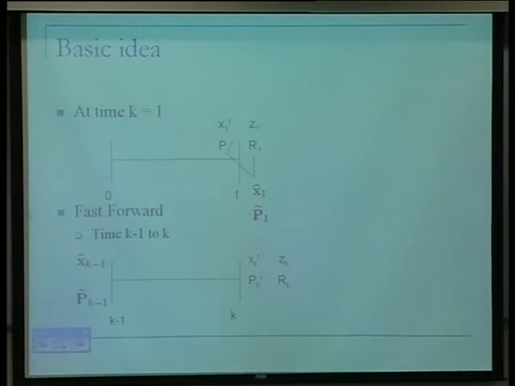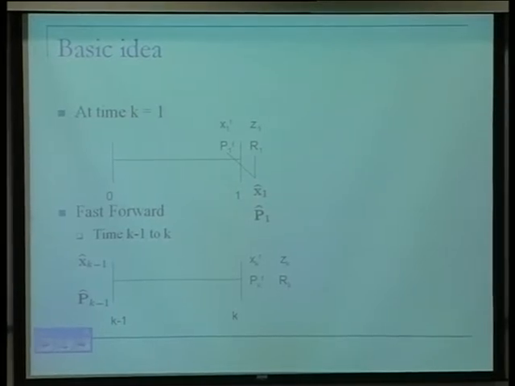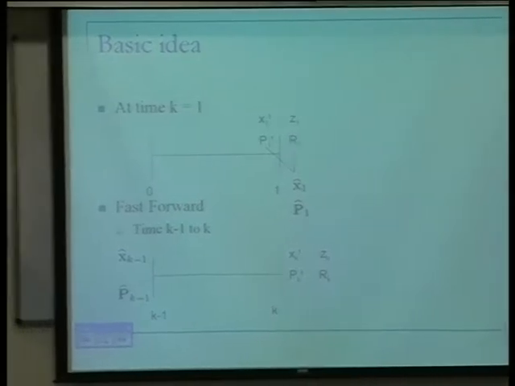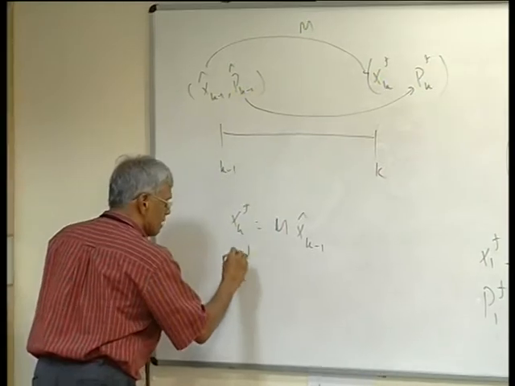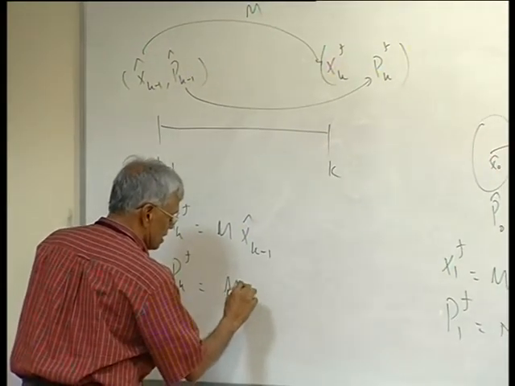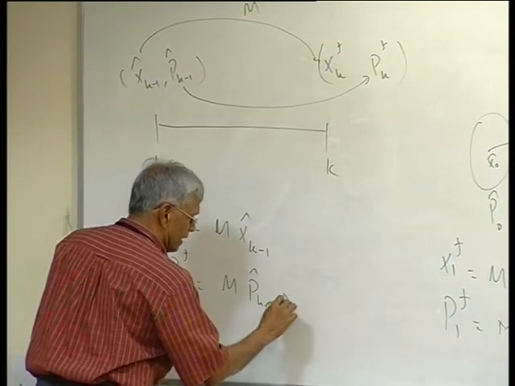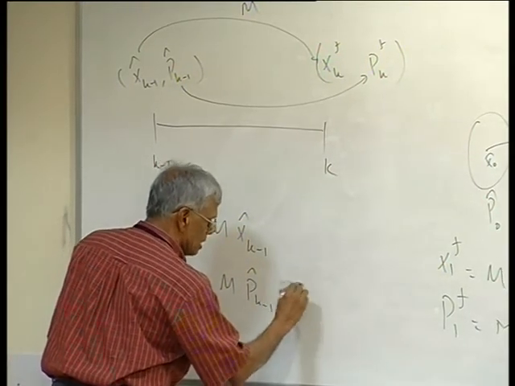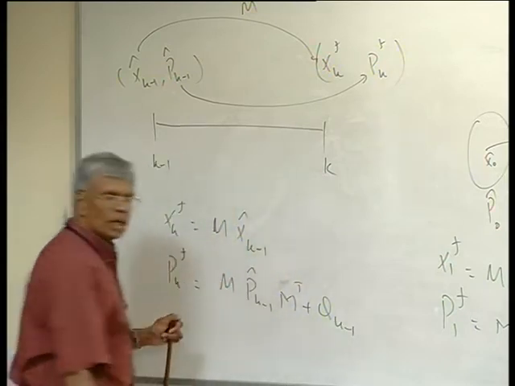From here, if I apply the model, I get P_k^f. So what is x_k^f? x_k^f is M times x_(k-1) hat. What is P_k^f? P_k^f is equal to M times P_(k-1) hat, M transpose, plus Q_(k-1).